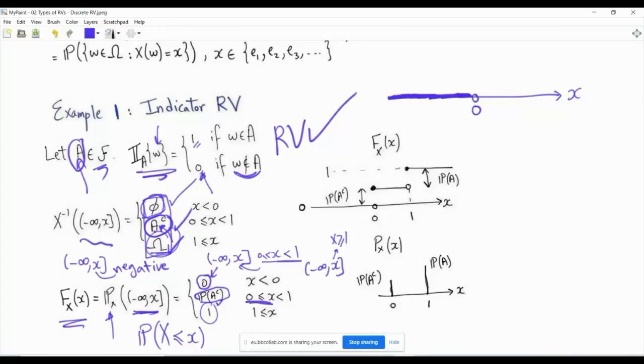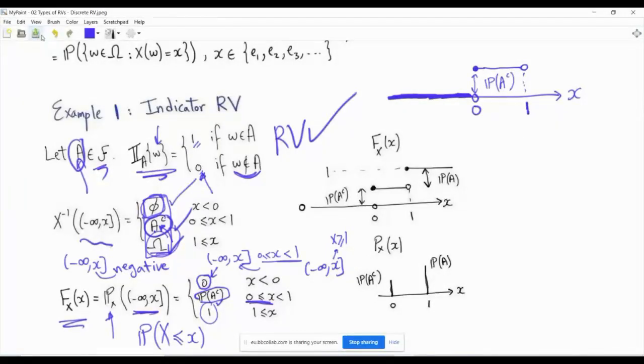In that case, the probability will be this number. It's a number between 0 and 1, depending on the probability measure on the sample space. So let's assume that this height here is the probability of a complement. Then our CDF will be a flat line equal to the probability of a complement. And this goes all the way to just before 1. We should stop at 1.